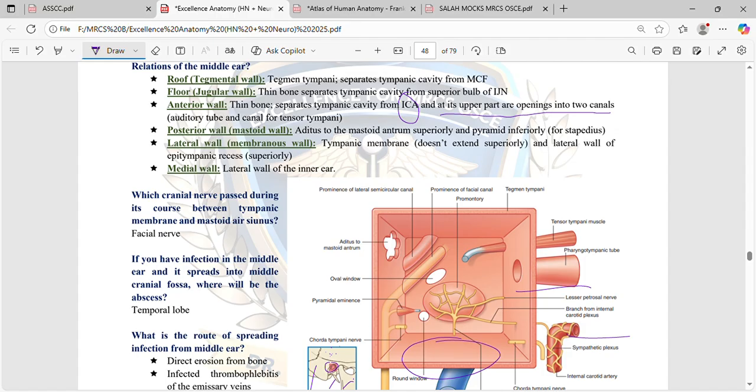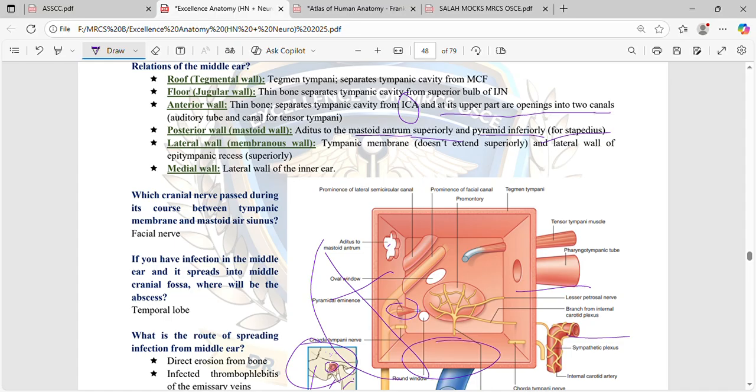Then we have the posterior wall, the mastoid wall. Here we have the mastoid process. You can see the aditus to the mastoid antrum superiorly, and the pyramid inferiorly for the stapedius. So this is the posterior wall.